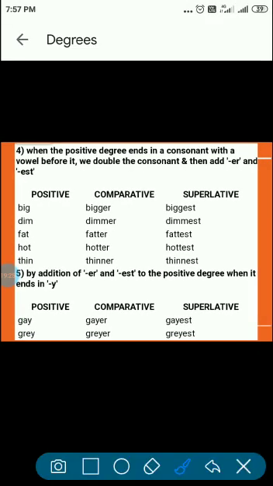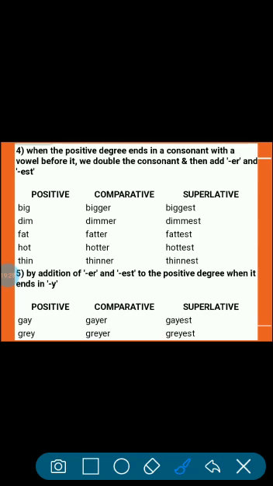Yeah, it's rule number 4. When the positive degree ends in a consonant with a vowel before it, we double the consonant and then add ER and EST. So what is the rule? Understand it well.